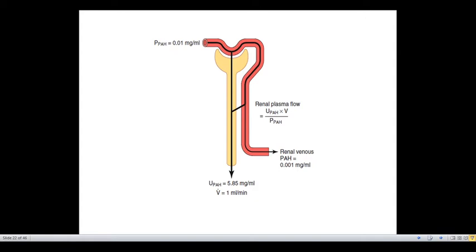The amount of PAH in the plasma of the renal artery is about equal to the amount of PAH excreted in the urine. Therefore, the renal plasma flow can be calculated from the clearance of PAH.